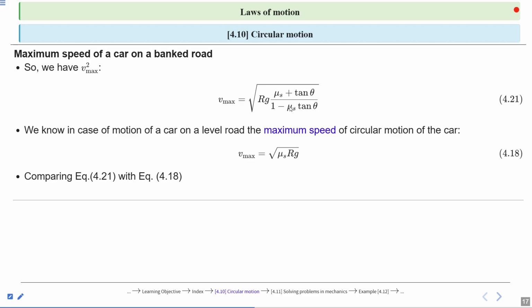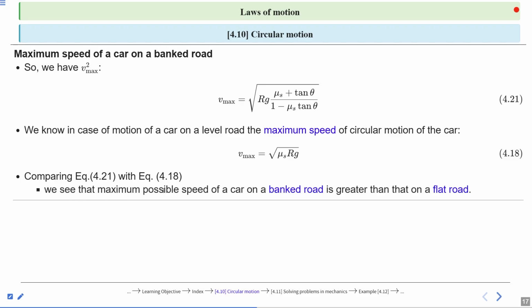Now when we compare equation 4.21 with equation 4.18, it is clear that the maximum possible speed of a car on a bank road is greater than that on a flat road. Look here, Rg is common, and the remaining term, mu s plus tan theta divided by 1 minus mu s tan theta, is extra, and both have a square root.